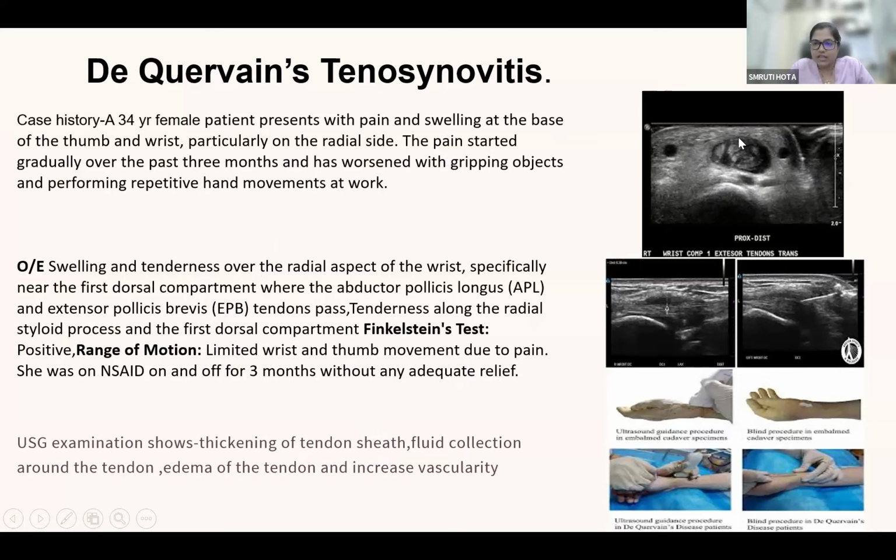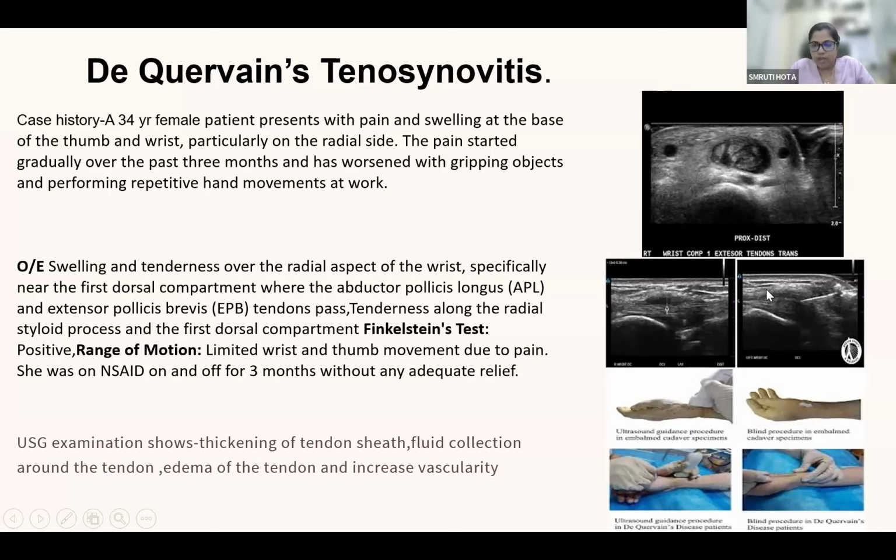You can see the tendon sheath, that is the white area surrounding the tendon, and inside there will be accumulation of fluid, and there is edema. Usually this much thickness is not present in the tendon, and this blackish area is not normally seen. When there is edema and fluid accumulation, the tendon is swollen and looks like this. And in the long axis also, this thickness is not normal.